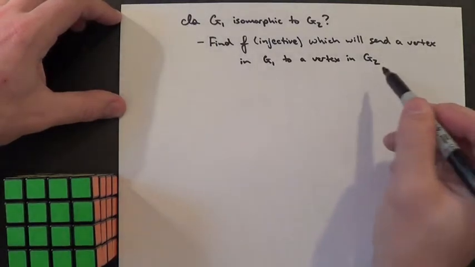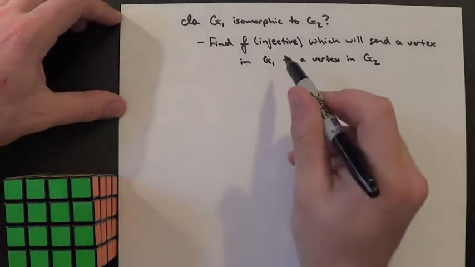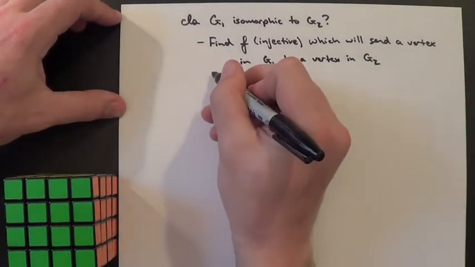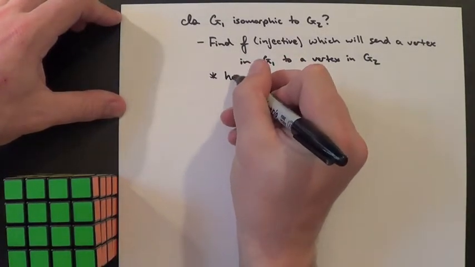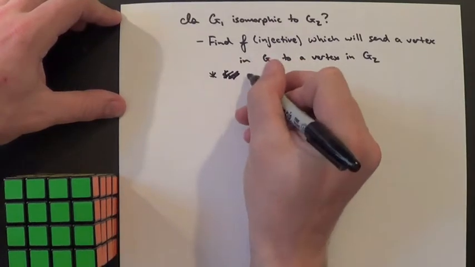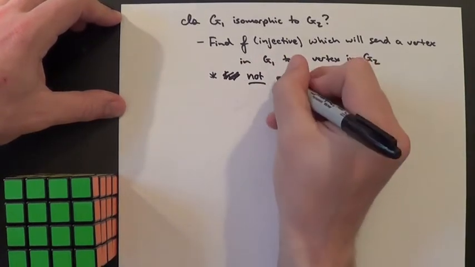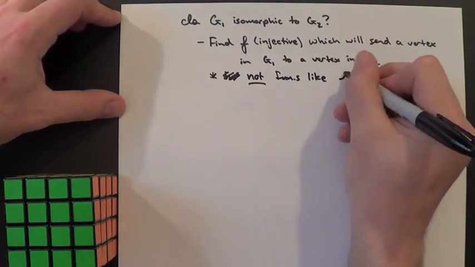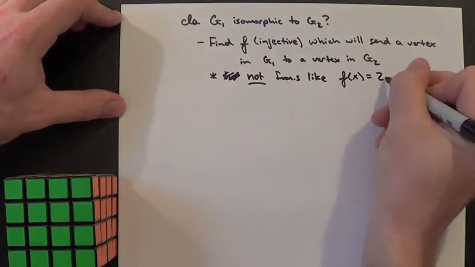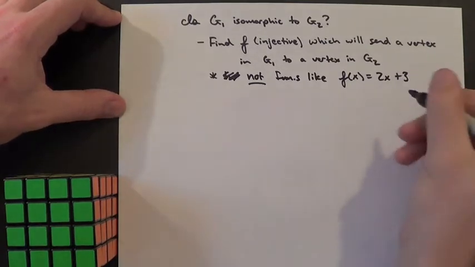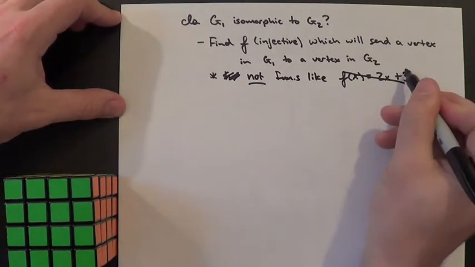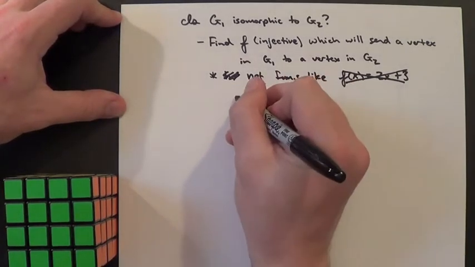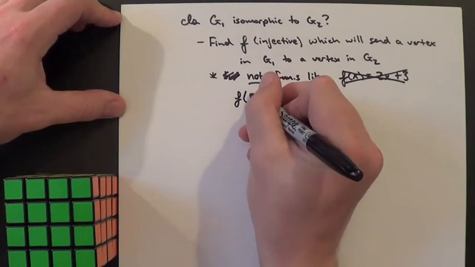So we're assuming they have the same number of vertices, and we can find this function that sends something in G1 to G2. Oftentimes, these are not functions like f of x equals 2x plus 3. Not those kind of functions. These are functions more in our notation, as we've seen before, and the book denotes it that way as well.